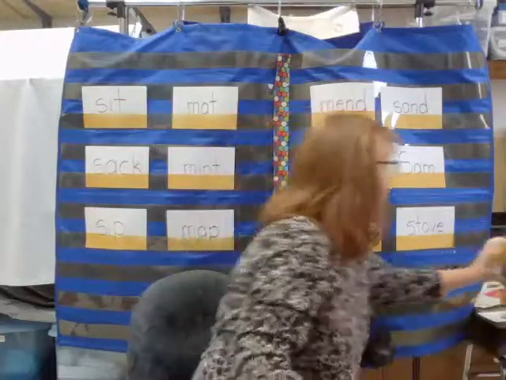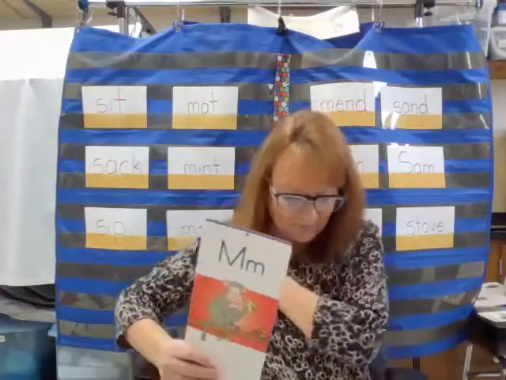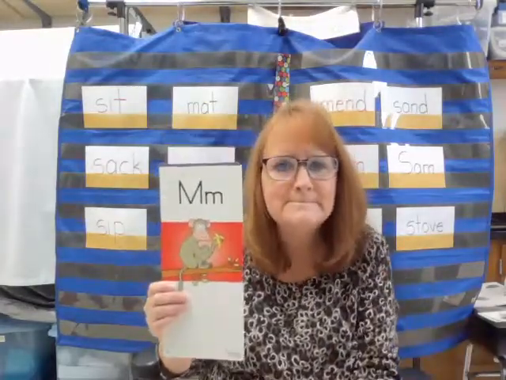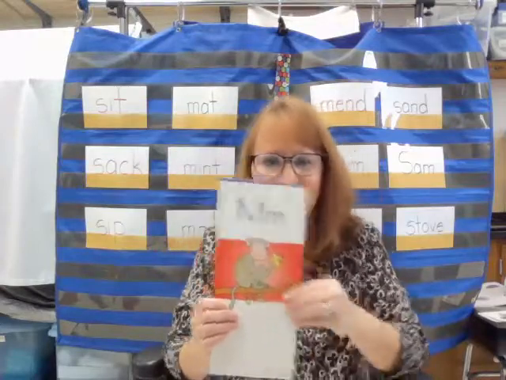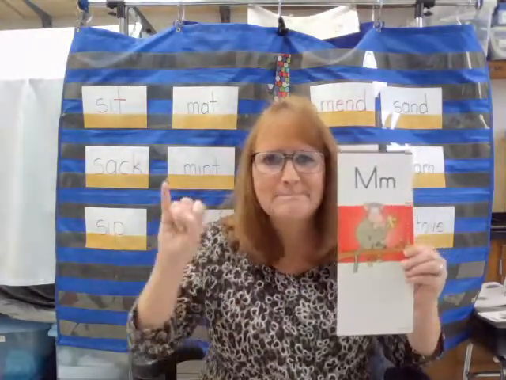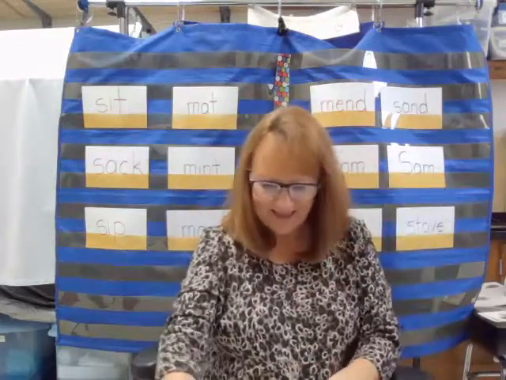All right. Now, I would like for you to grab your flashcards because we're going to talk about these letters again. And before we do, let's just quickly review the sounds. For letter M, remember it makes the sound like monkey, right? What's the sound? Letter M. All right.